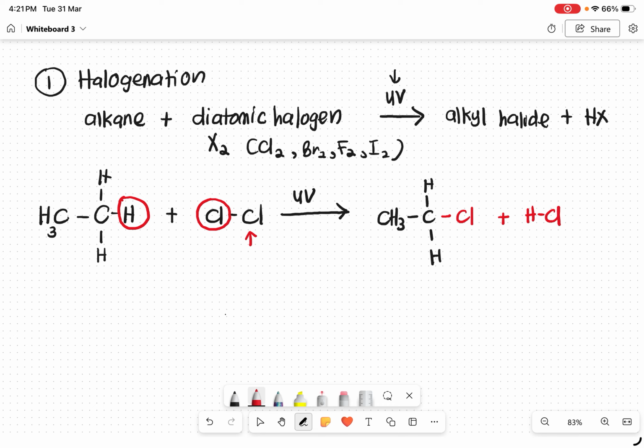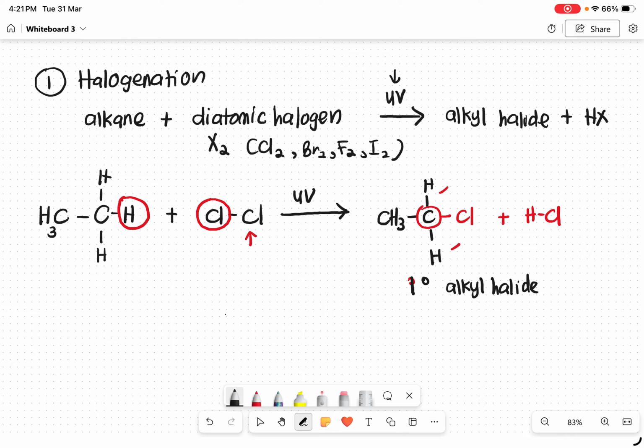So that's it. This is your alkyl halide, and you can identify the class based on this. The CH has two H attached, which means this is a primary alkyl halide.